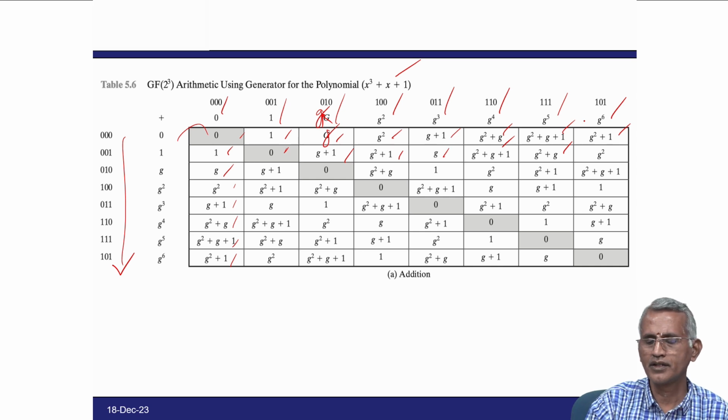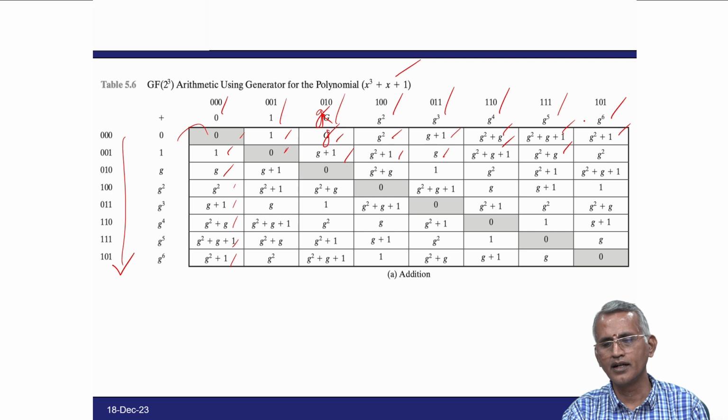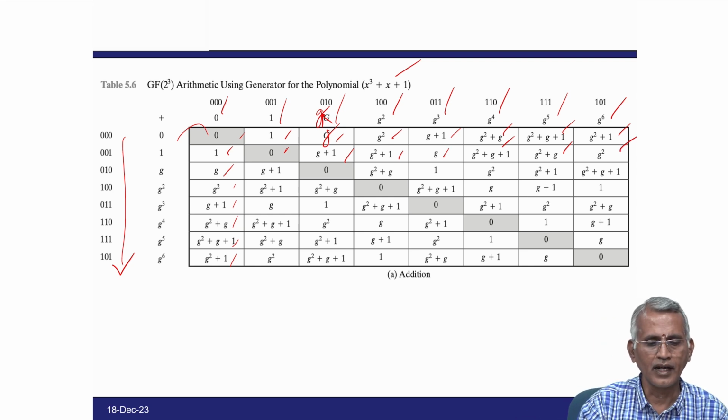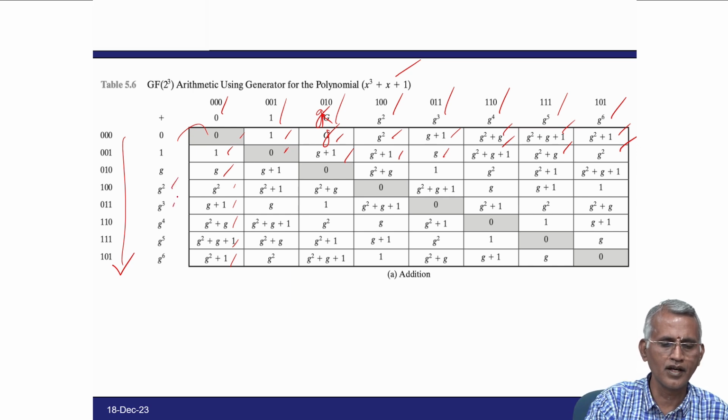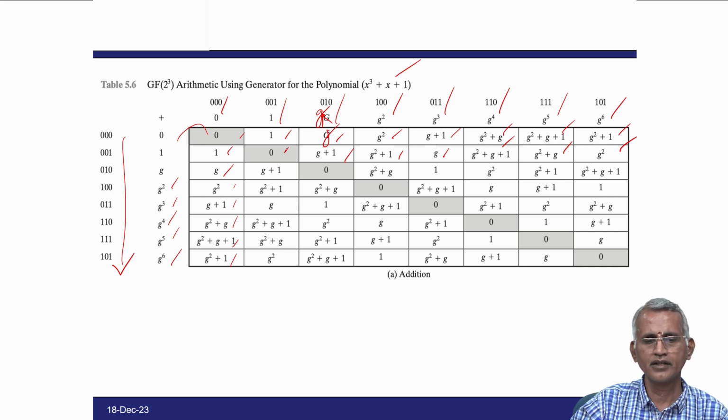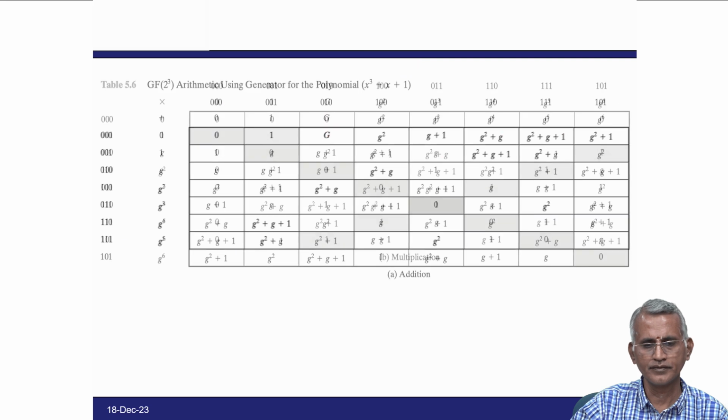So, g power 5 plus 1 is nothing but g square plus g, and g power 6 plus 1 is g square. So, that way we can calculate g associated with the others. Similarly, we can go for g square, g cube, g power 4, g power 5, g power 6 and add these, so that you can understand how we can do the addition of these two representations in terms of polynomials, and then the arithmetic used in the Galois field.